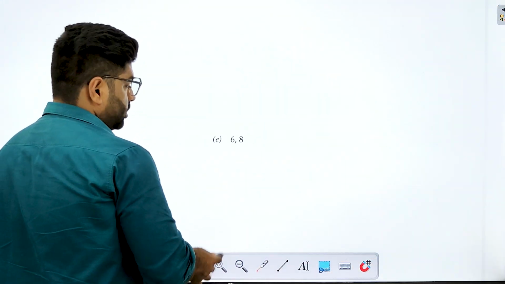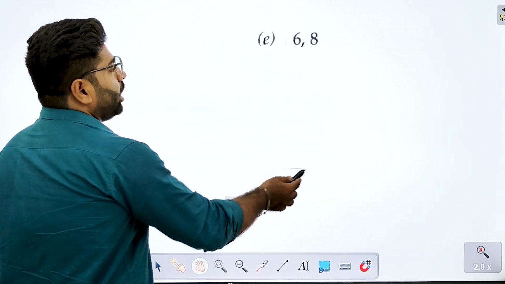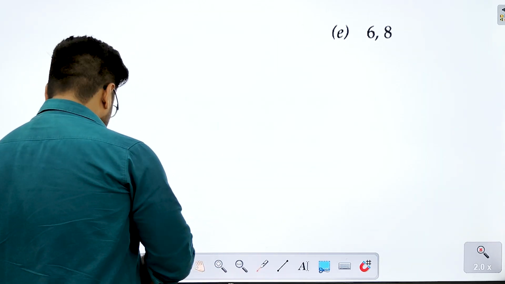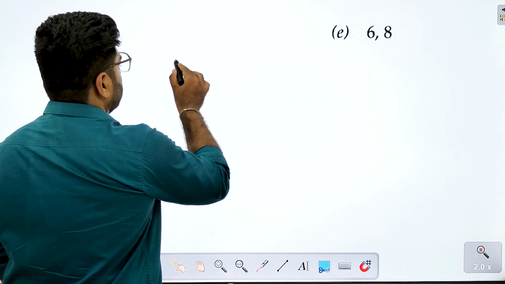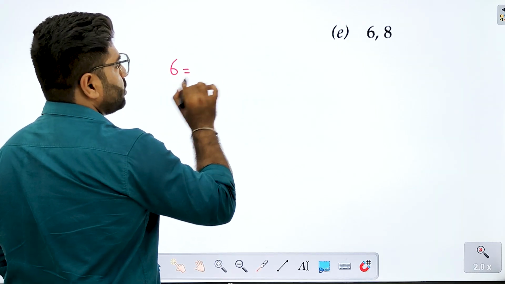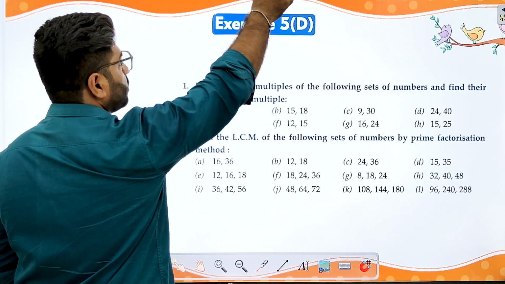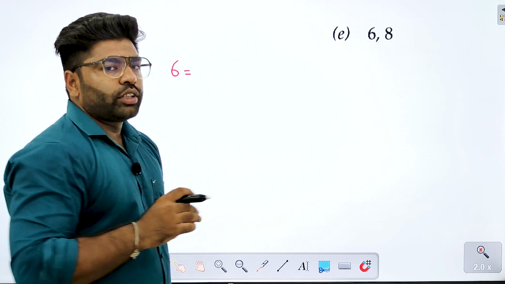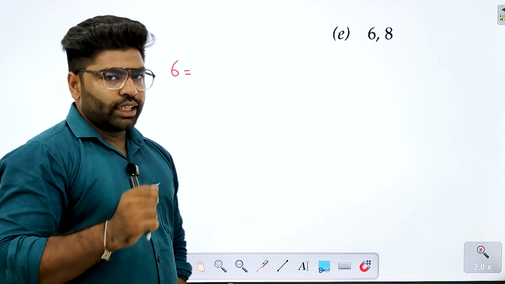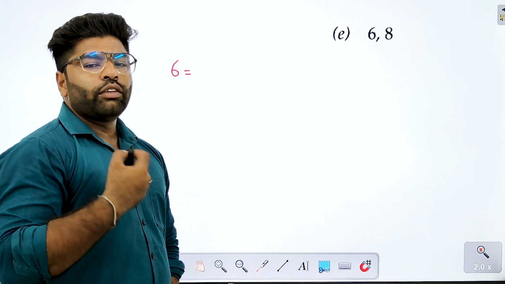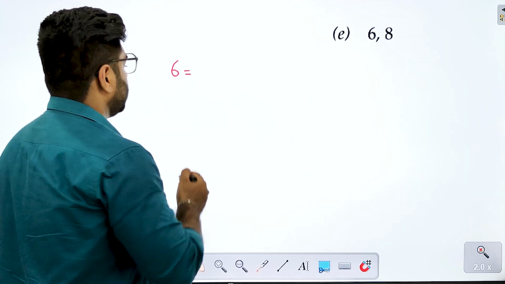Here we have two numbers, 6 and 8. So we are going to write the first 10 multiples of 6 and 8.